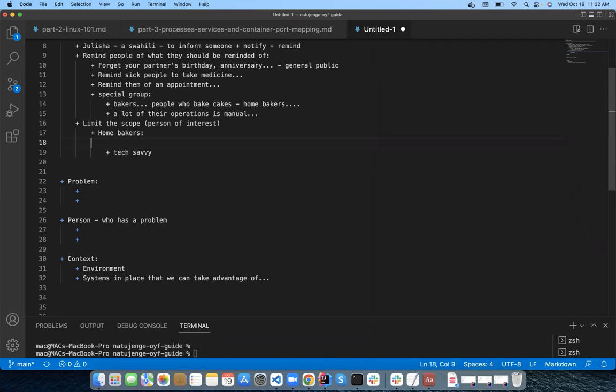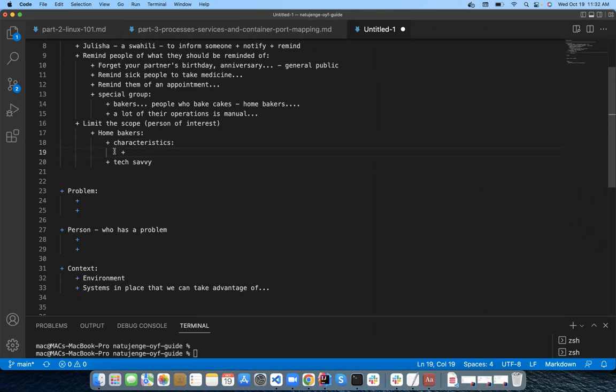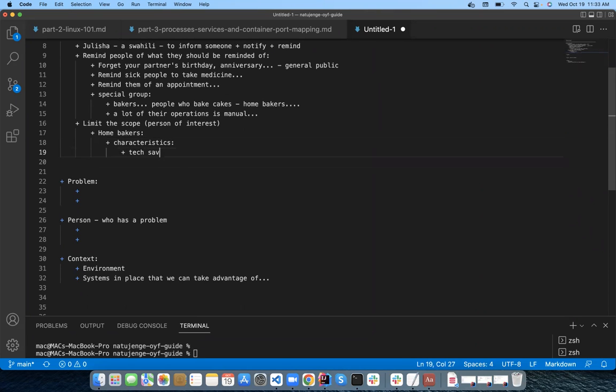We can describe some characteristics, and I want you guys to describe the characteristics of those users. I think I can start and say that they are tech savvy in the sense that they are probably on social media. They have a phone, a smartphone in that case.